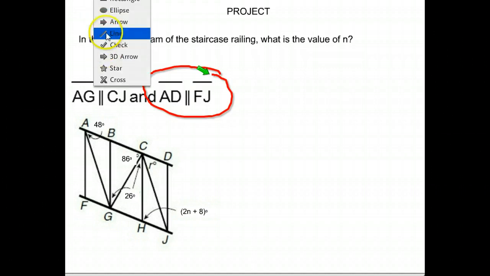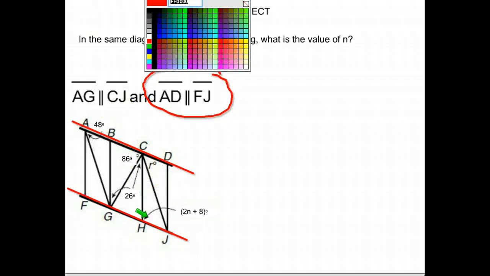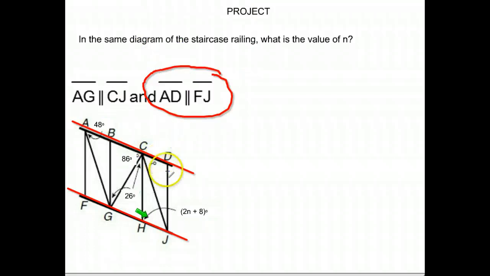Anything else they give you that is written down, we really don't care about. We only care about the things that are involved with our AD and our FJ. Now, looking at the angle they're talking about, I imagine that this line here is also going to be important because it lies along our angle they're asking about, on that line CH.